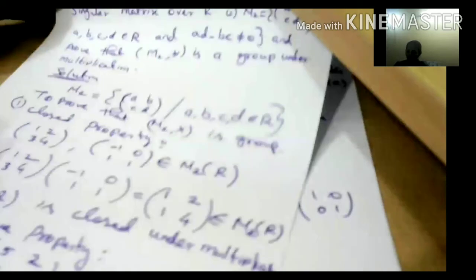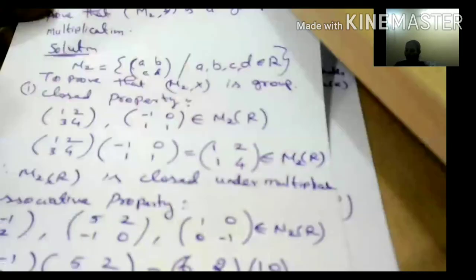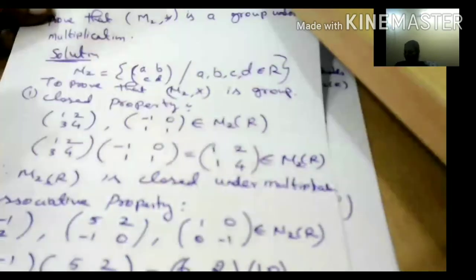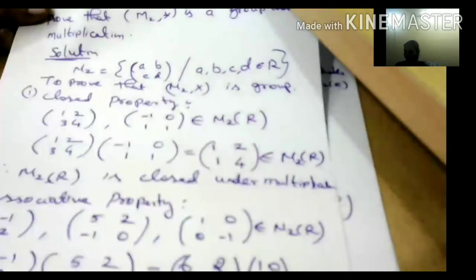The question is given M2, the set of all matrices with elements A, B, C, D from capital R. You have proved the closure property: you took two elements from the given set, and after multiplying, you again got a 2 by 2 matrix belonging to the set M2 of R. So M2 of R is closed under multiplication.